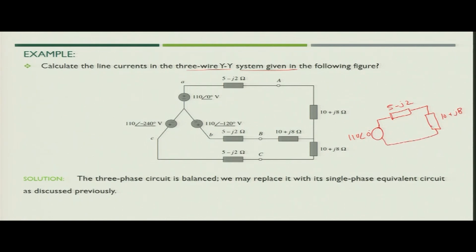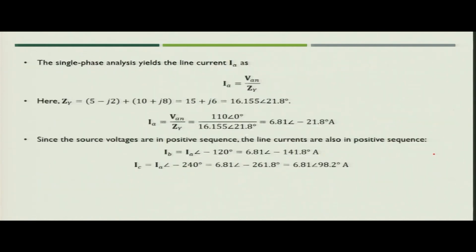So, this will be your single phase equivalent of this circuit. What will be the value of IA? IA you can simply get: 110 angle 0 divided by the sum of the impedances, which becomes 15 plus J6. So, you get the value of ZY as 15 plus J6.